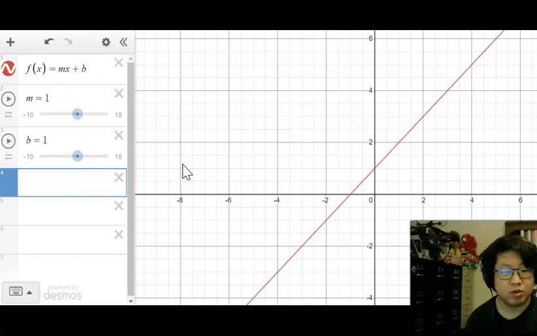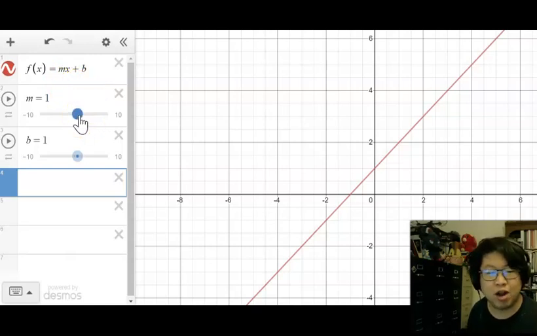Okay, with Desmos and with many other tools, there's a very, very neat function, as long as you have the general form of the function at hand. So we're talking about linear. You guys should remember the formula mx plus b, okay? But here I've turned them into sliders, so you can actually play around with the values.